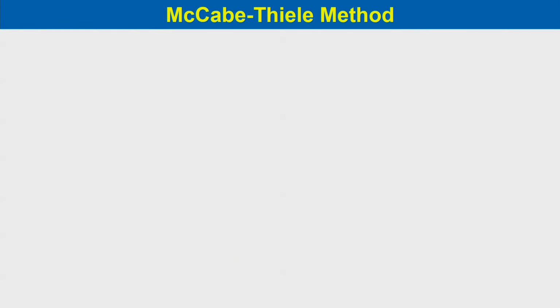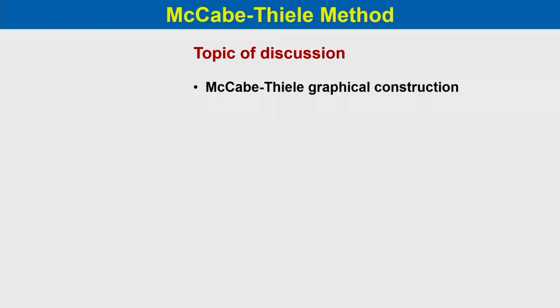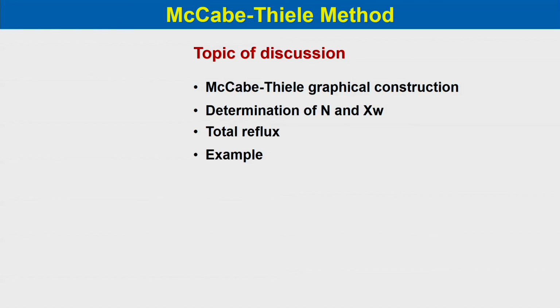In this lecture, we will consider the graphical method of determination of the number of ideal trays by the McCabe-Thiele method. So, the topics we will consider here are the McCabe-Thiele graphical construction, determination of the number of ideal trays and the mole fraction of the bottoms, that is xW, the total reflux, and an example.